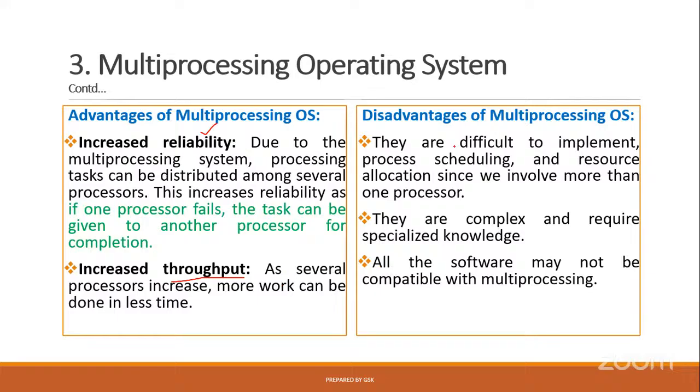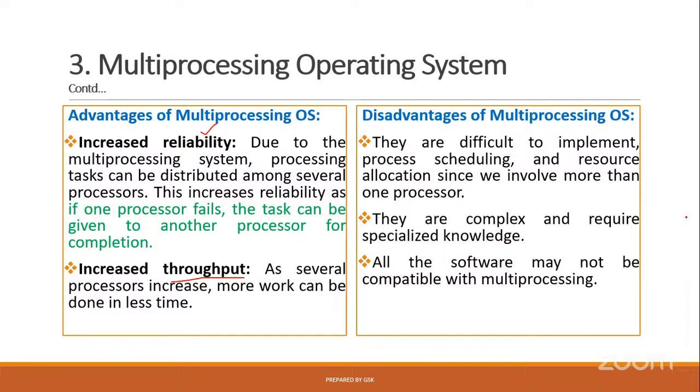Coming to the disadvantages, it is difficult to implement process scheduling and resource allocation, since we involve more than one processor. As I said already, multiple processors are there, multiple processes we might have, and multiple processors take care to execute multiple processes. But the problem is how the procedure will be.